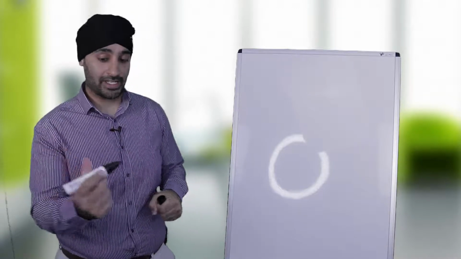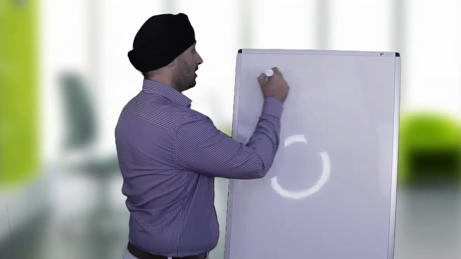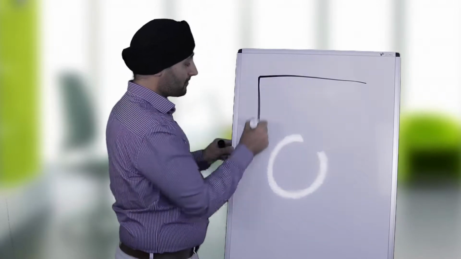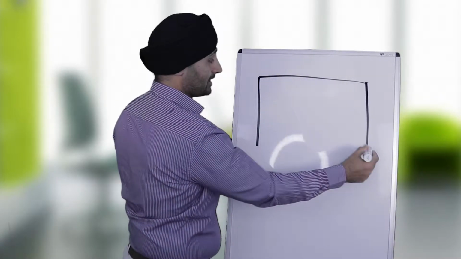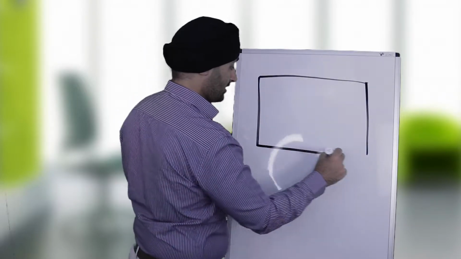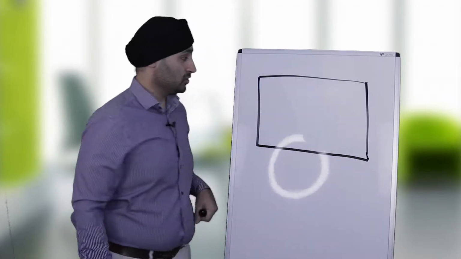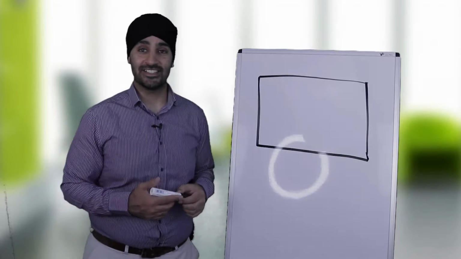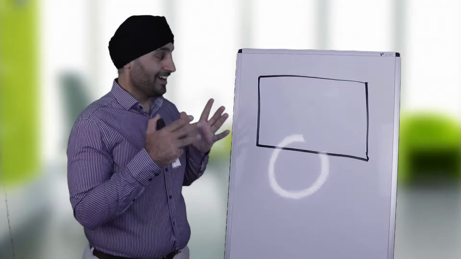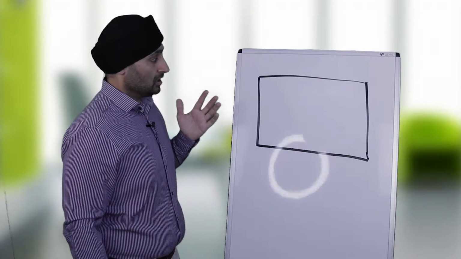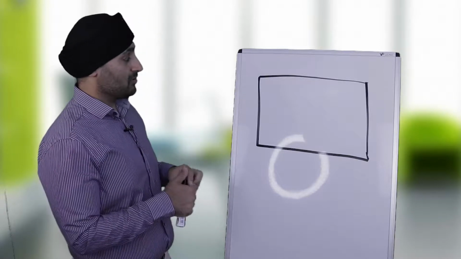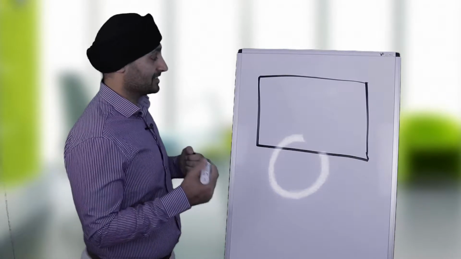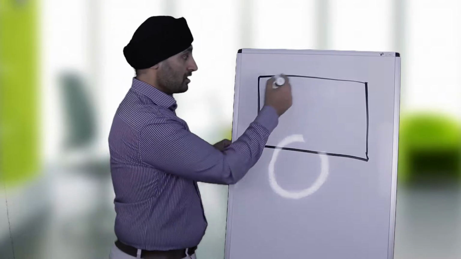So I'll give you a quick example using what they call a wireframe in the space of user experience design, as it is well known in the industry. Effectively, user experience design consists of how a page should be.